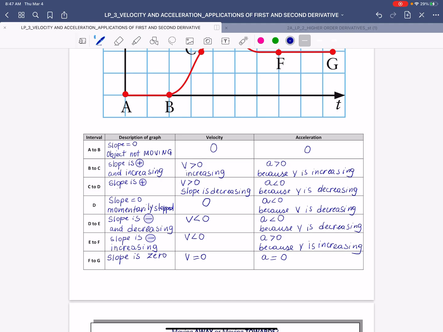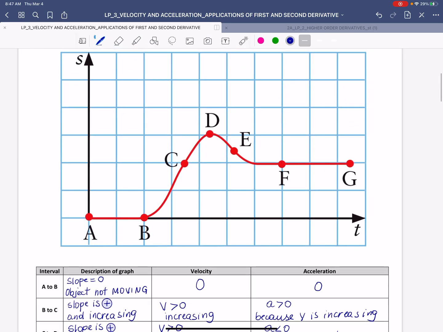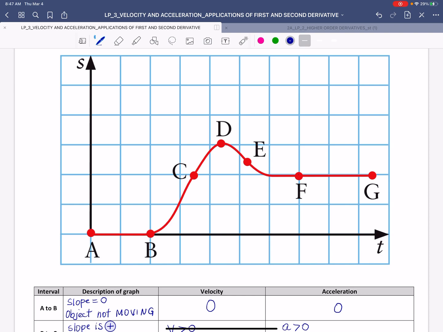Now, looking at this graph, I want us to also think a little bit differently. So if the object is going from point A to point B, the object is not moving, so it is right at the starting point. So try to imagine this situation in real life. So for these first 2 seconds, pretend that this is 1 second for each, right? So the object has not changed position. That means that the object is still at home.